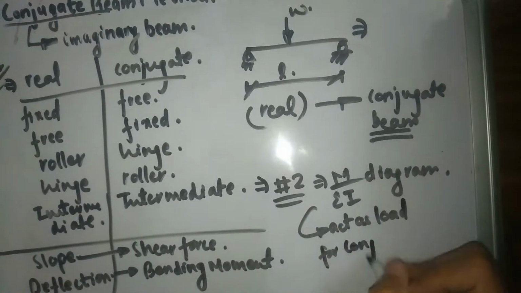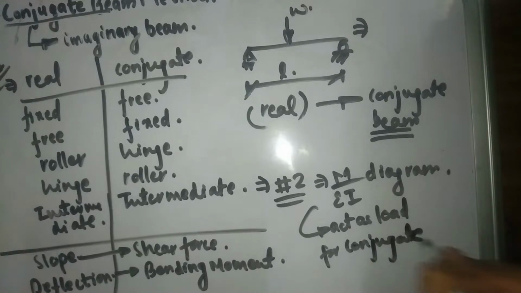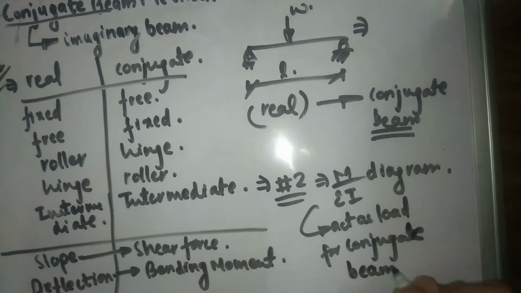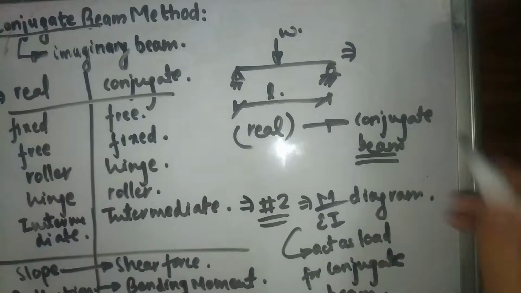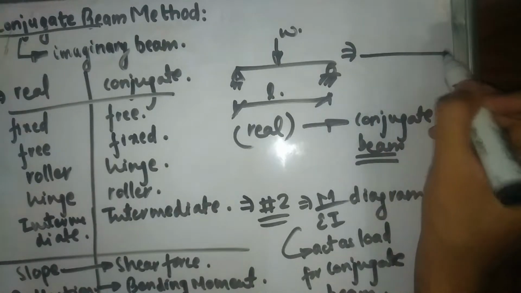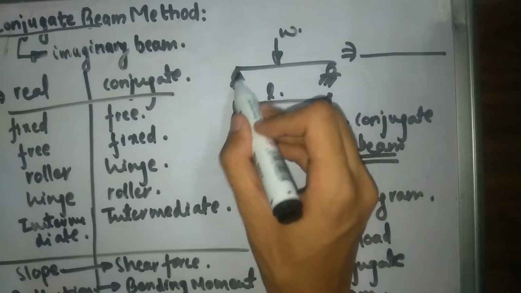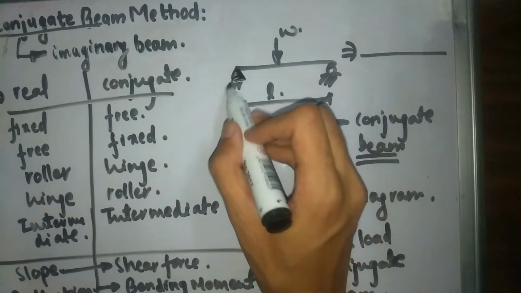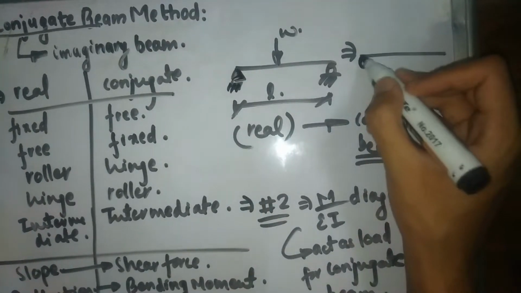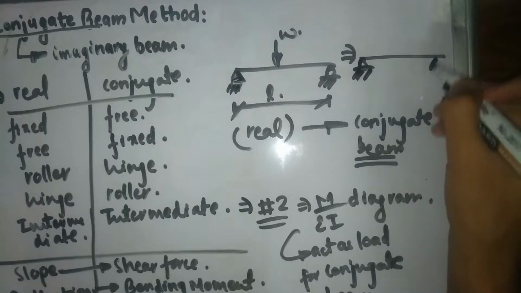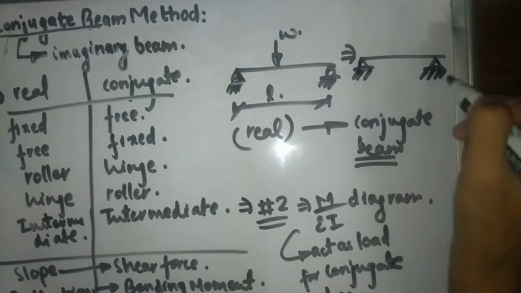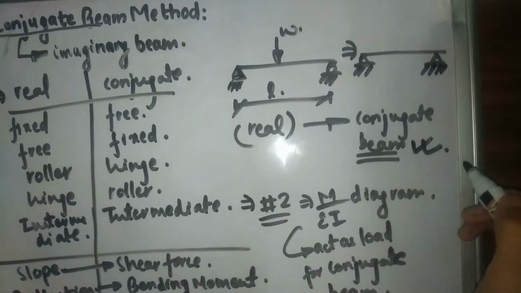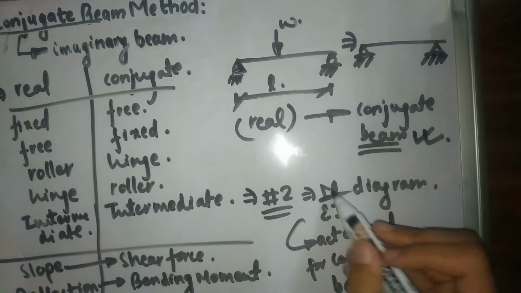So let me explain what this means. Right now I have shown my conjugate beam over here. As I explained in my rule number 1, our hinge support is going to be replaced by roller support, while our roller support is going to be replaced by hinge support in our conjugate beam. Next, we have to draw our M by EI diagram.